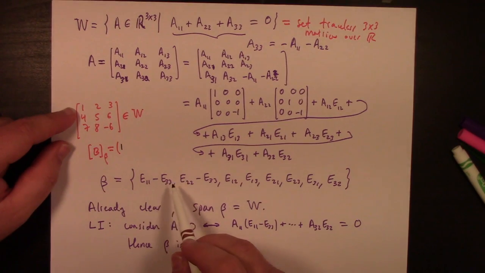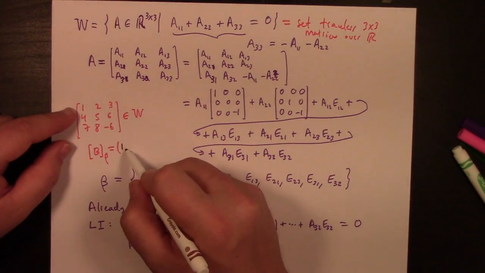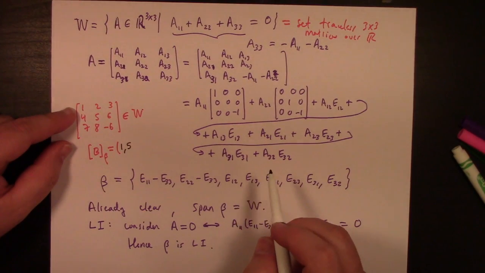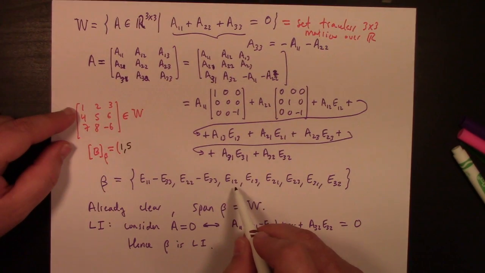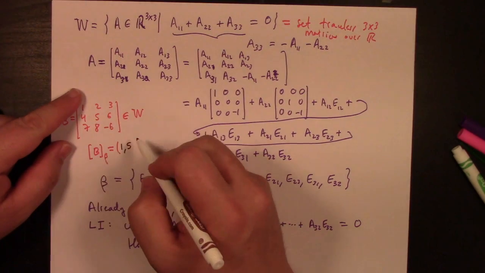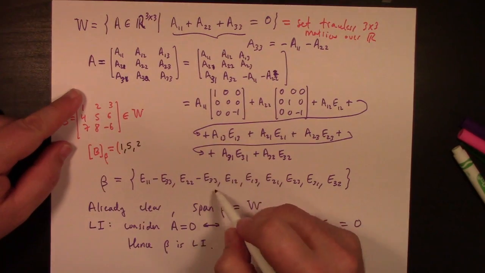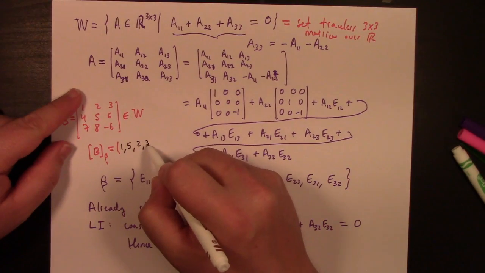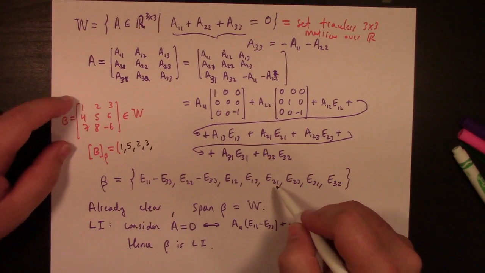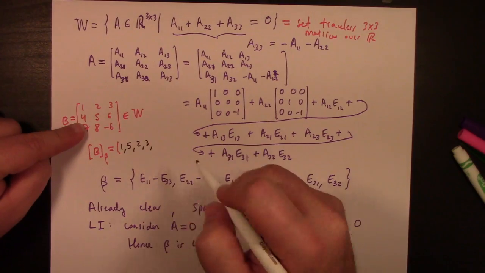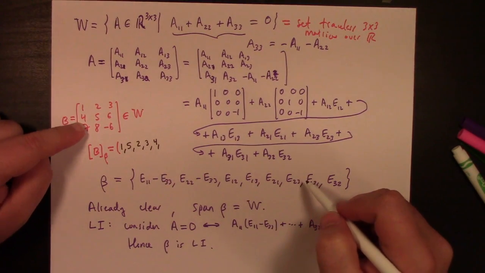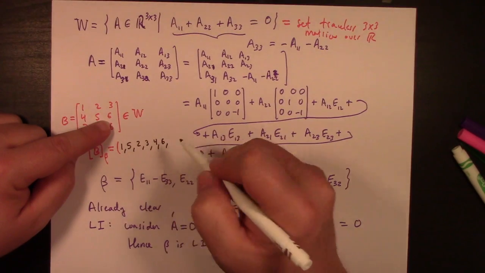Okay, I've got 1 of these. I've got 5 of those. I've got E12, 1,2 is this 2, so I got two of those. 1,3, I've got 3 of those. How many 2,1s do I have? I got 4 of those. How many 2,3s do I have? I've got 6 of those.